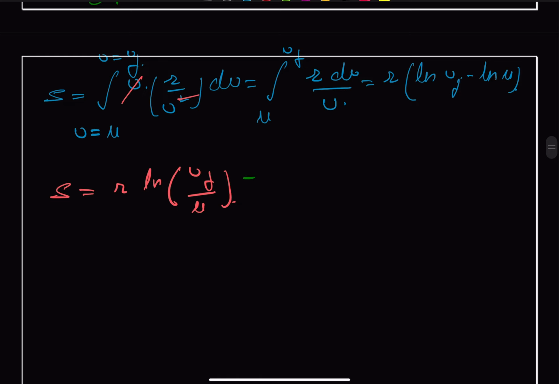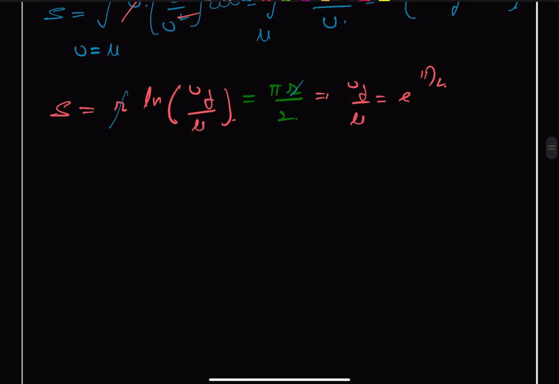Here r and r cancel out. We get that vf upon u will be equal to e raised to the power pi by 2, and therefore vf will be equal to u e raised to the power pi by 2.